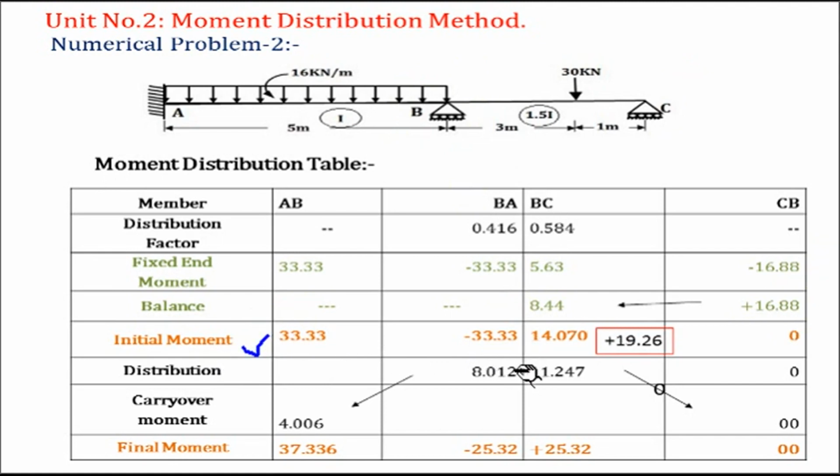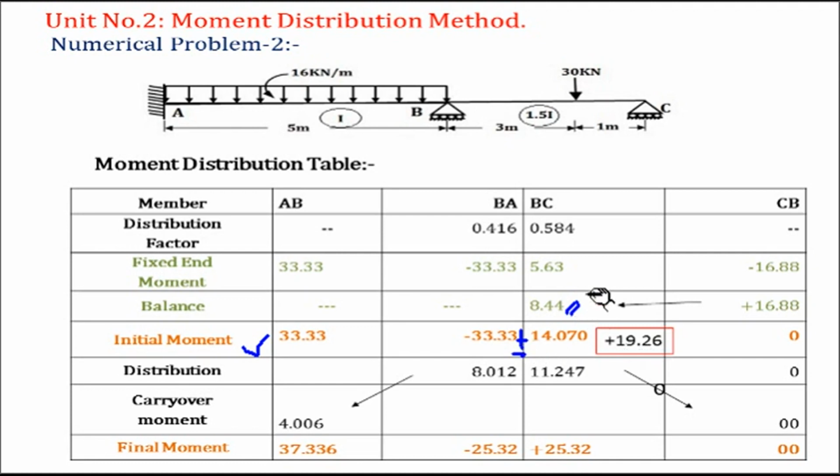Now at joint B, to maintain the equilibrium, the addition of these two moments coming from the adjacent members should be equal to 0. So let's add minus 33.33 plus 14.070. It should be equal to 0, but it is not. Its value comes out minus 19.26.